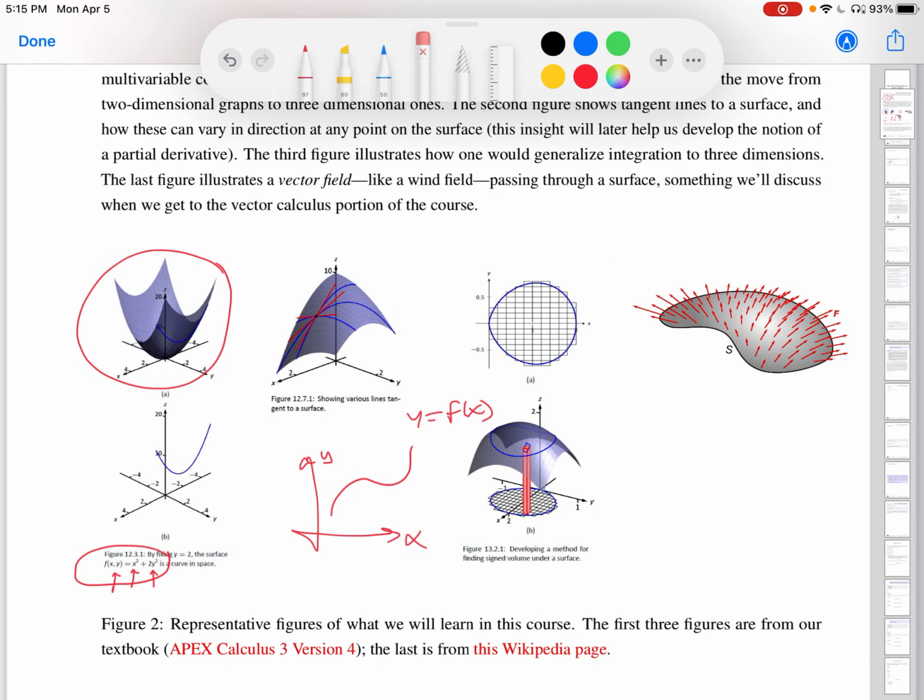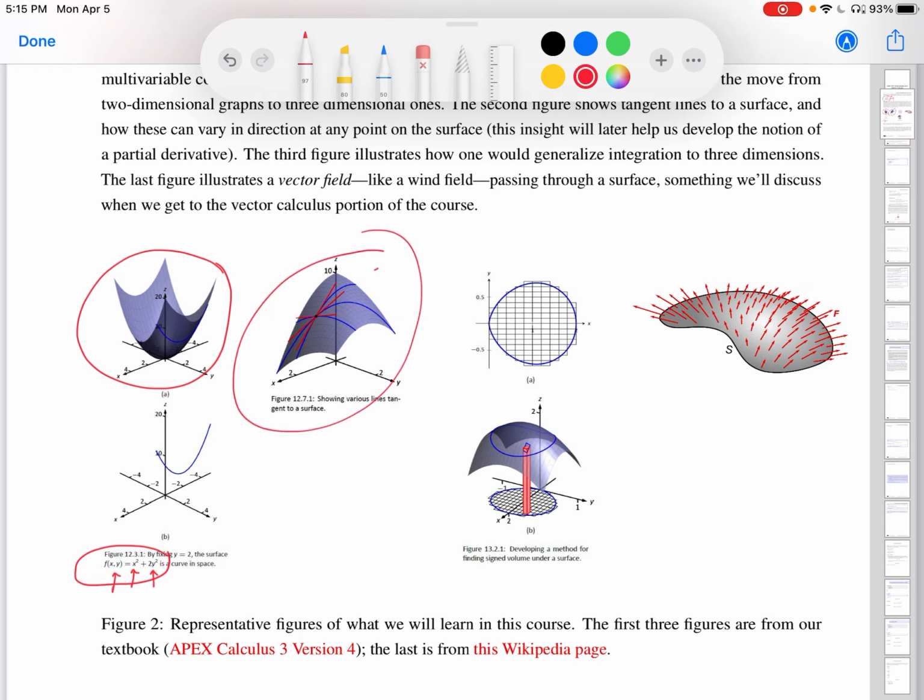So the second thing is, once you know how to visualize functions in calculus, you start doing things with them. You start finding limits, differentiating, integrating. So here is a picture that gives you a sense of what derivatives will sort of look like. These red lines here are kind of like the tangent lines to those blue curves. And using those red lines, you can define what's called a tangent plane.